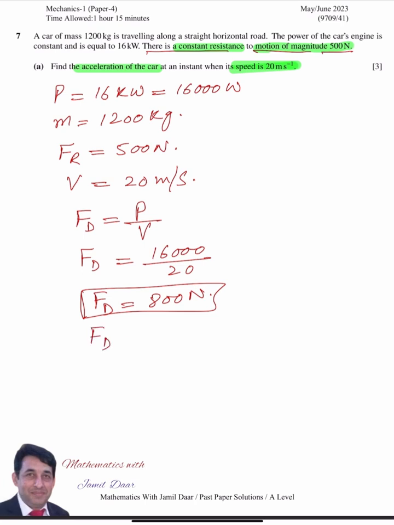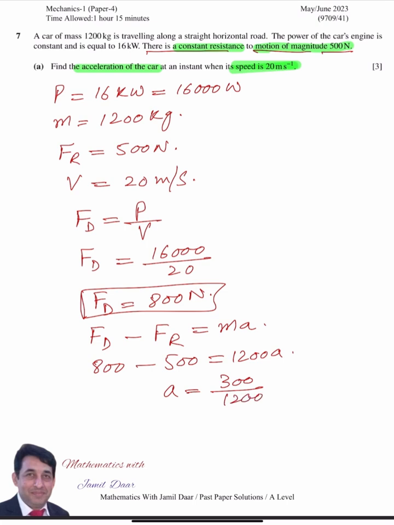We'll use the formula: driving force minus resistance force is equal to MA, net force. Driving force is 800 Newton, and resistance is constant 500 Newton, and 1200 is the mass, and we have to find the acceleration. Acceleration is equal to 300 divided by 1200.